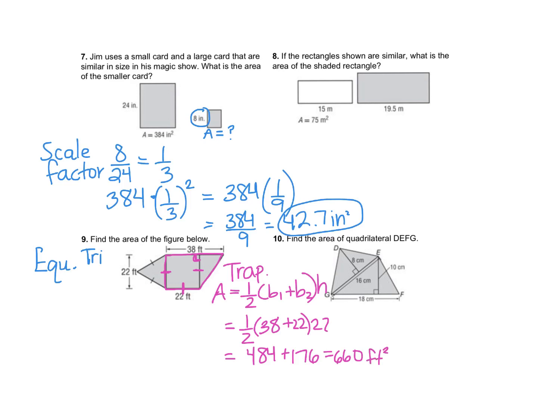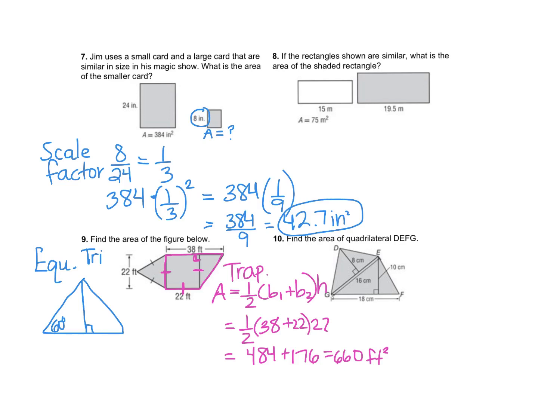Alright, so now let's go ahead and solve for the area of the equilateral triangle. Realize that each interior angle of an equilateral triangle is going to be 60 degrees. So what makes this particular question difficult is we don't know the height of the triangle. And you cannot assume that it's 22, because it's not.